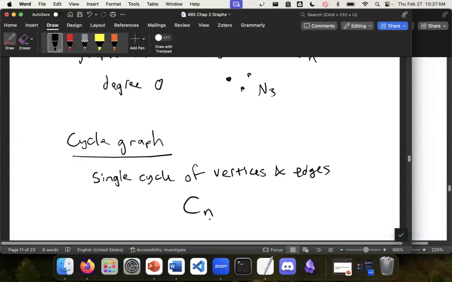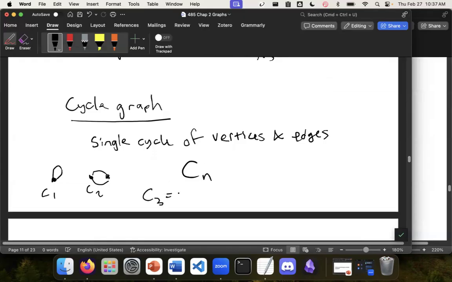C stands for cycle. And so like C1 could be a vertex with a self loop. C2. You typically don't see C1 and C2 because we tend to assume simple graphs. But if you do see C1 and C2, they would be non-simple graphs.